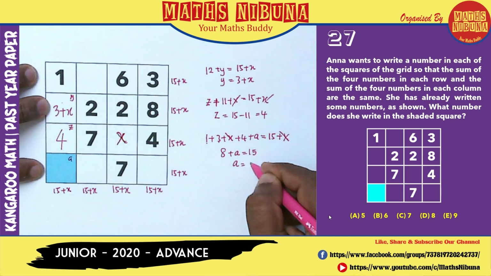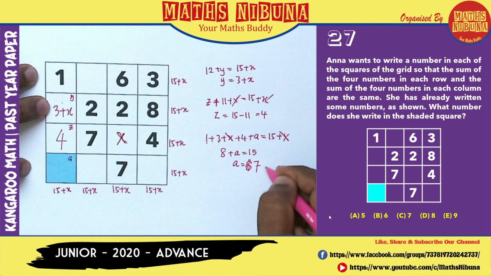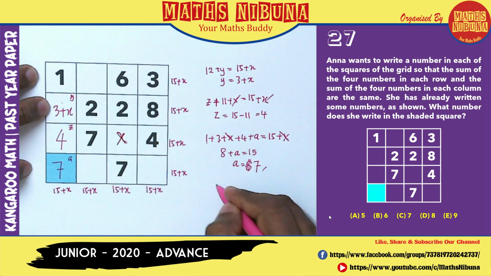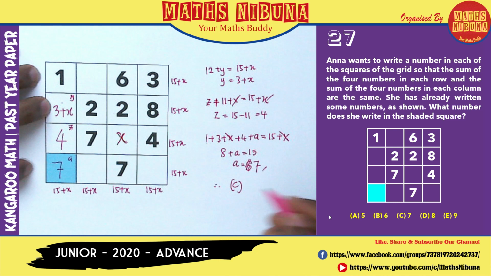So a equals 15 minus 8, which is 7. So this is 7, and the answer is C.